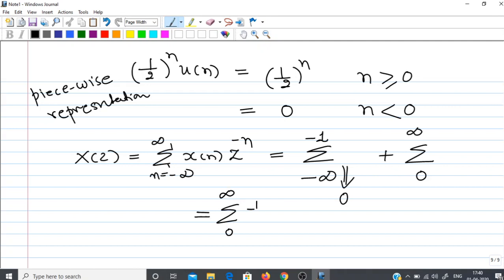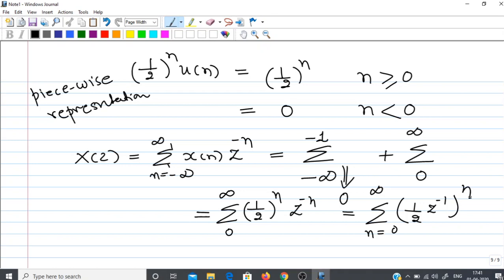And then for the remaining summation, x[n] is half to the power n and z to the power minus n. Now, can I write the summation like this, with n running from 0 to infinity, of (half z inverse) to the power n? And now if I expand this summation, I will put n equals 0, 1, 2 and so on.